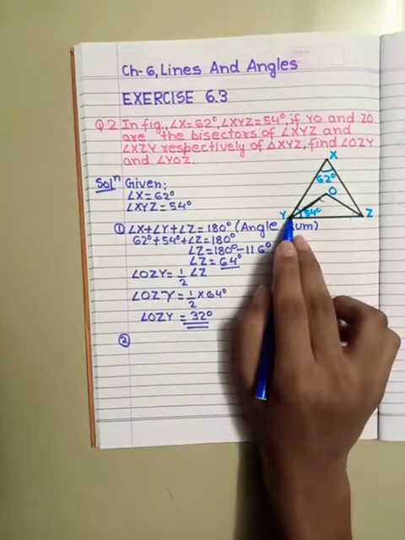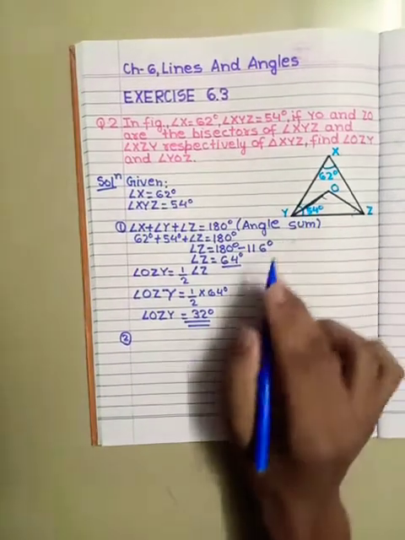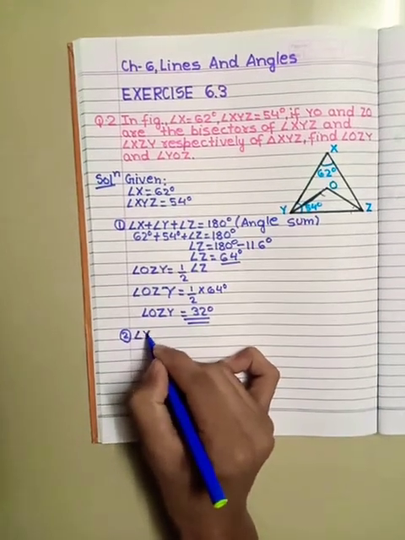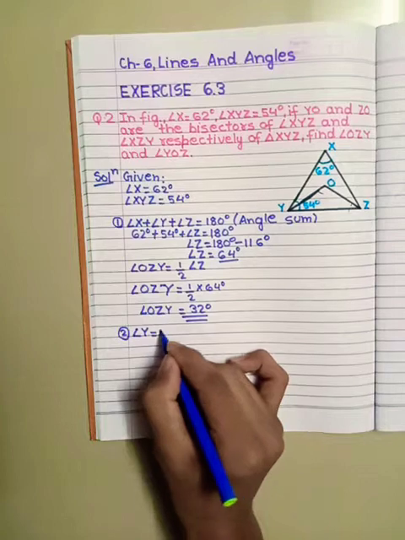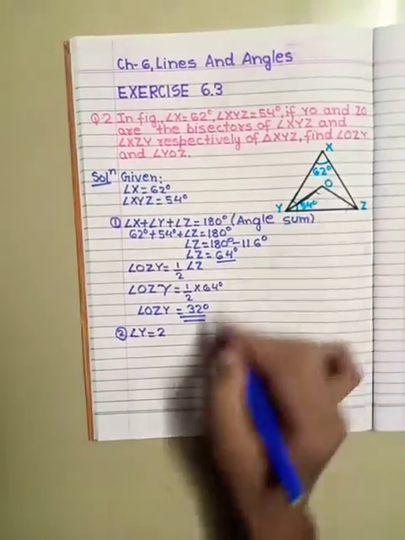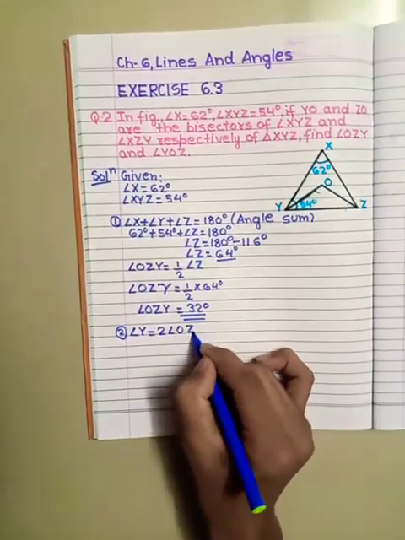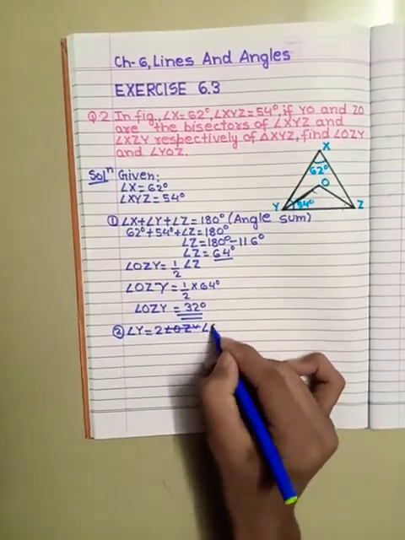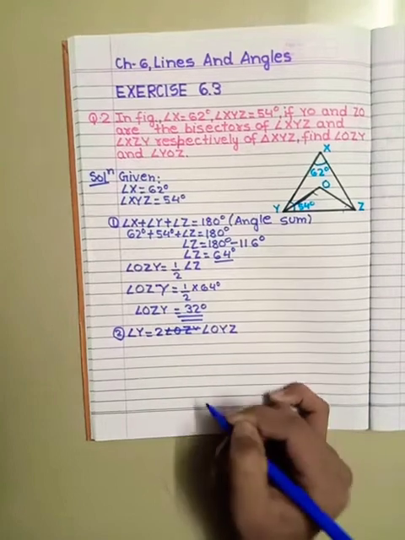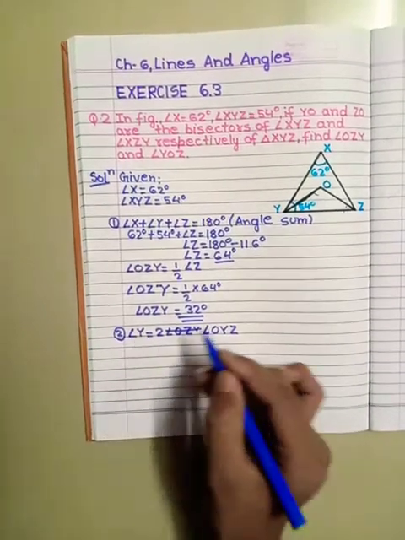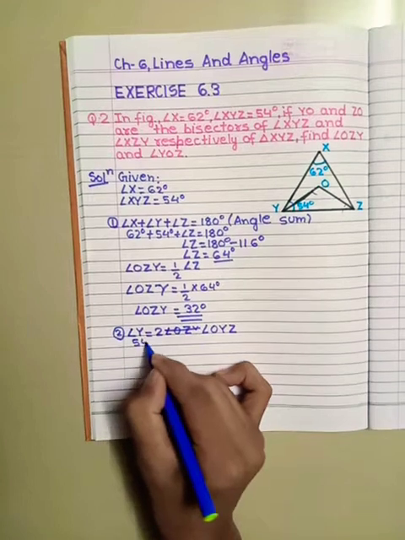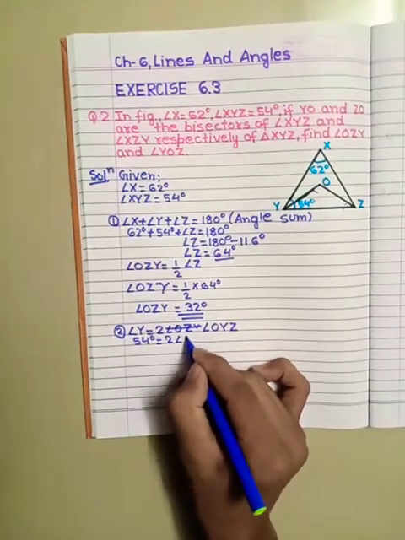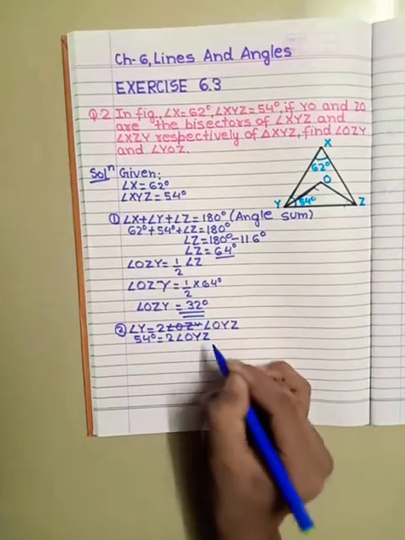First we will divide the angle Y into two parts. So angle Y is equal to 2 times angle OYZ. Now angle Y is equal to 54 degrees. 54 degrees is nothing but 2 times angle OYZ.